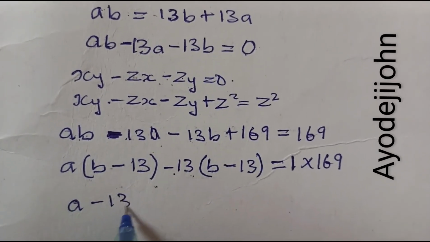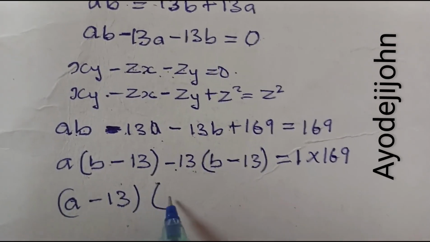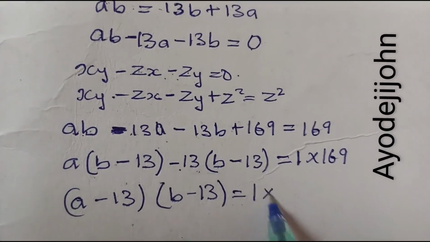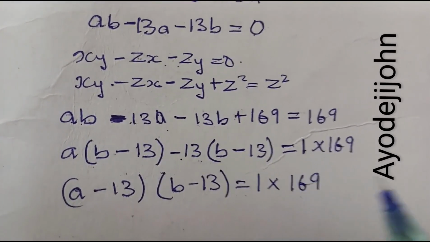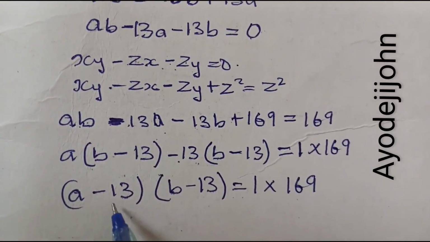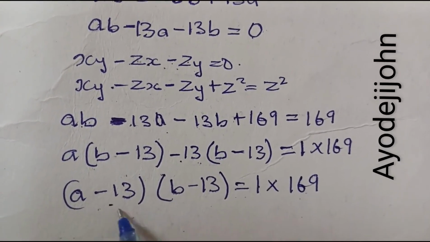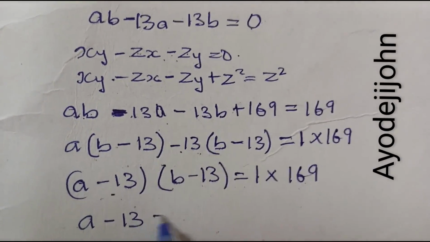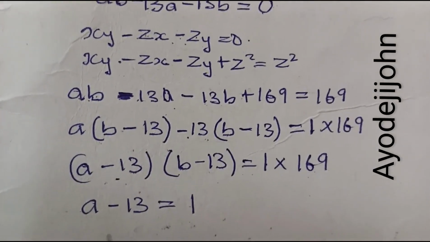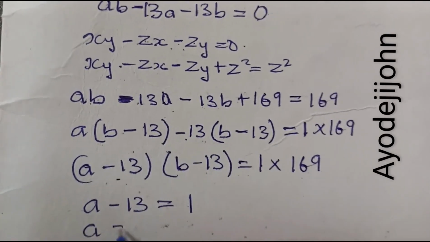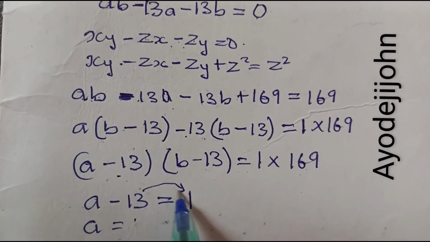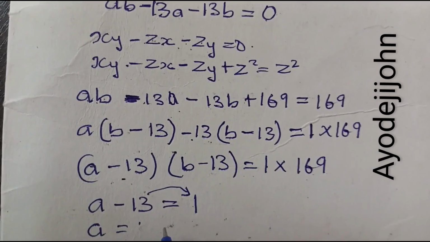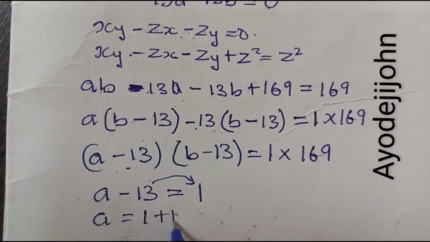So let's bring them out. A minus 13 times B minus 13 equals 1 times 169. So we can compare the two factors now. A minus 13 equals 1, then that gives us A equal to 1 plus 13, the minus becomes plus.